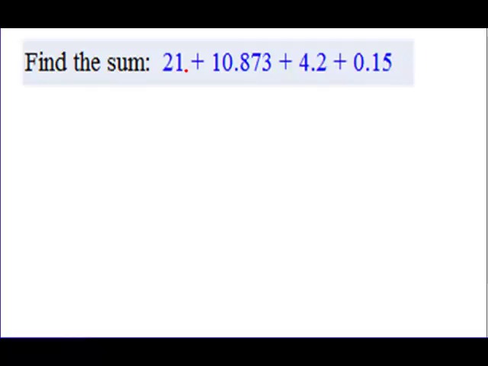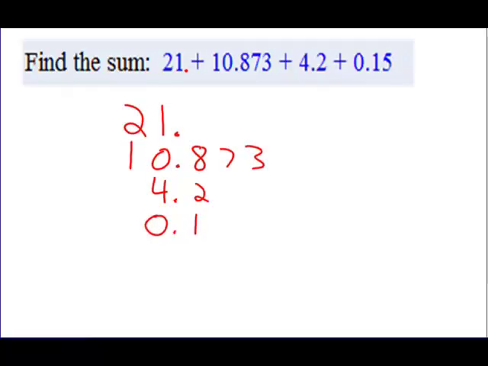So, we've got 21, 10.873, 4.2, and 0.15. And if you notice, I've lined up all the decimal points and all the place values. Now, the 21 didn't have any decimal numbers after it, but I'm going to put in zeros for placeholders. Likewise, the 4.2 needs 2 more zeros as placeholders, and the 0.15 needs the 0 as a placeholder.